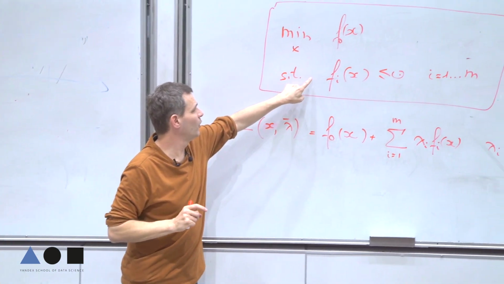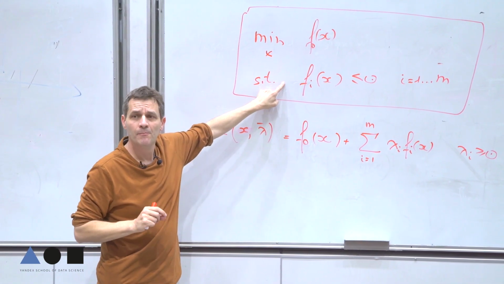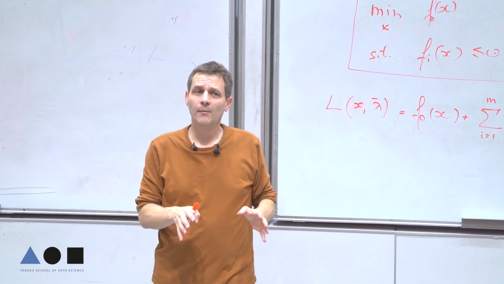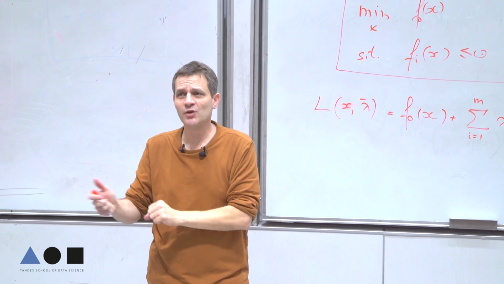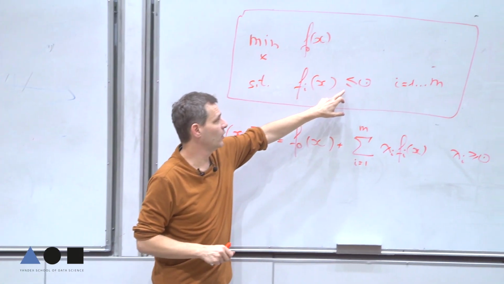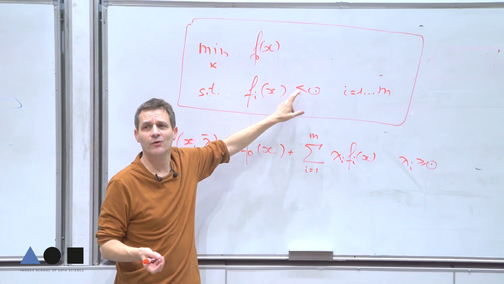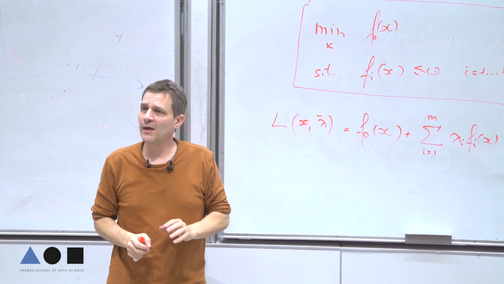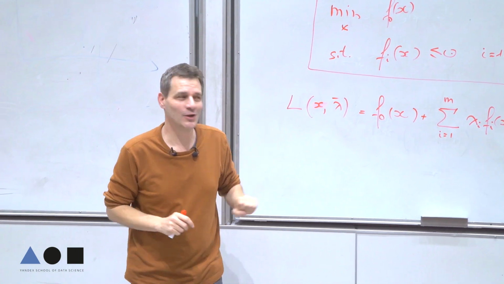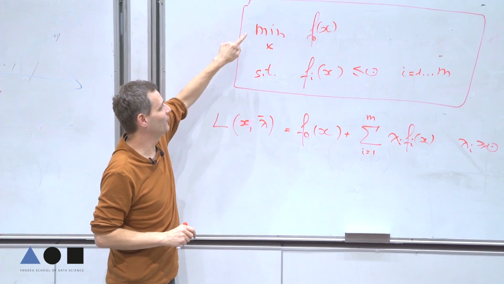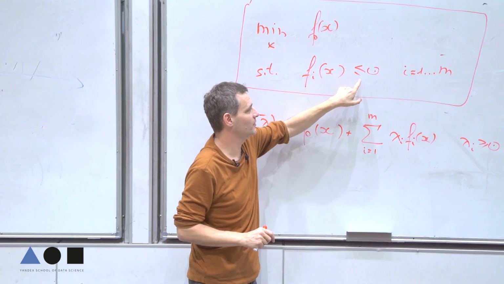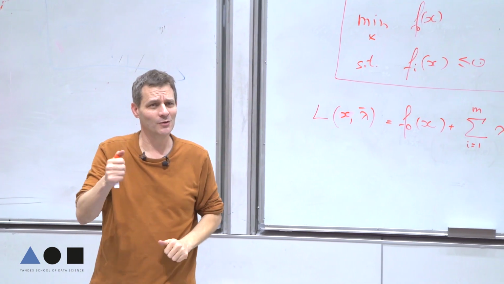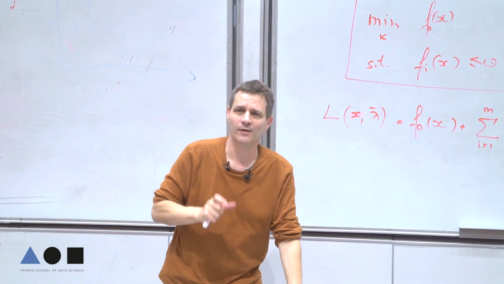Actually, one more note. When you do constraint optimization, you could have minimization or maximization problems, or your constraints could be larger than a scalar or smaller than a scalar. There are all these variants, and it's useful to have one canonical form. This is the canonical problem: you have minimization, and the constraints are smaller or equal than 0. If you have maximization, you just multiply by -1.